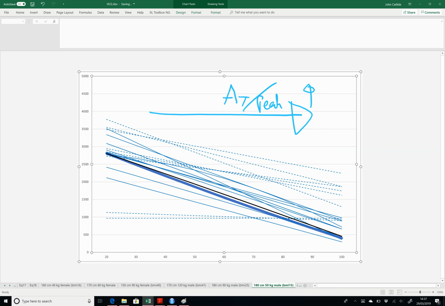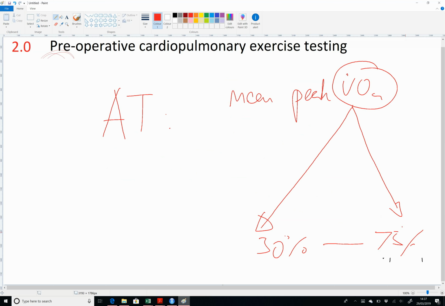So what is happening is the variable displayed on this graph, which is peak oxygen consumption, goes down with age quicker than the anaerobic threshold. So normal values for anaerobic threshold as a proportion of peak will change with age. I'm going to stop there to avoid confusion, and we will pick up later on.